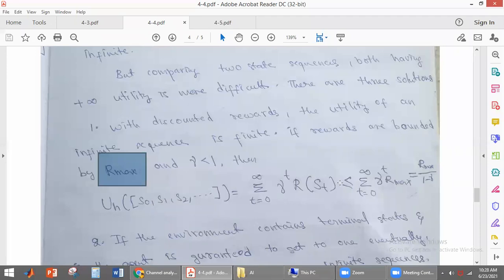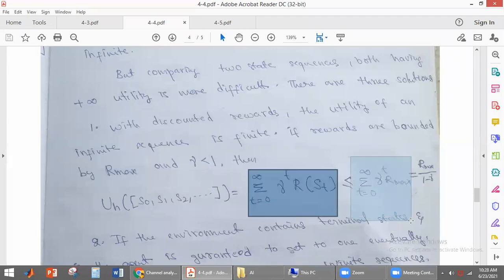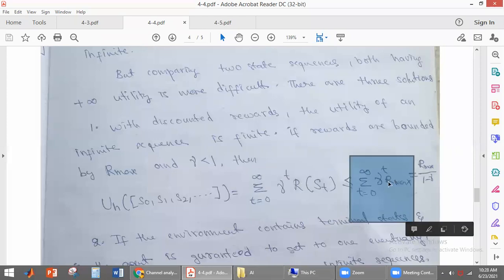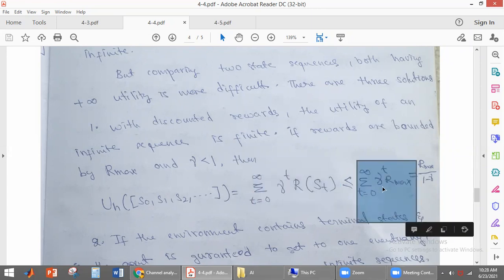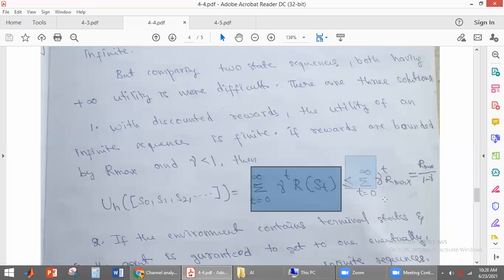If you substitute that, this value will always be less than or equal to the summation with R max and gamma power t, because some of the states will have a value less than R max, which is the maximum value.